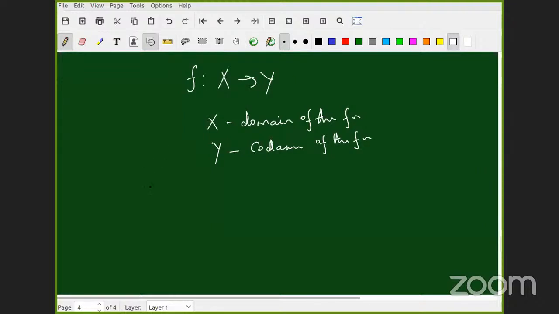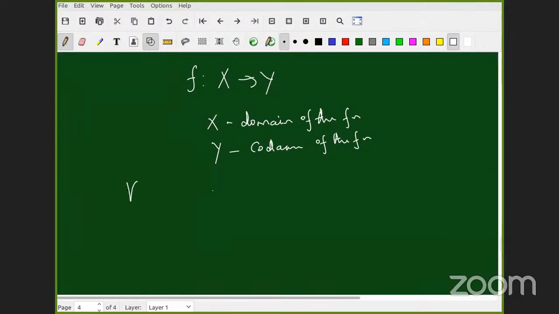Yes, sir. Sir, each element in the domain will have only one image in the codomain. Very good. For each element in the domain, each element is assigned, or mapped, to an element of the codomain. Only one element. That means it is mapped to a unique element of the codomain.